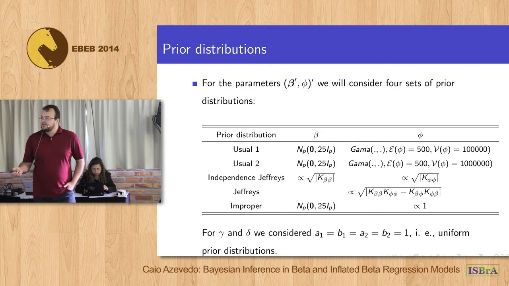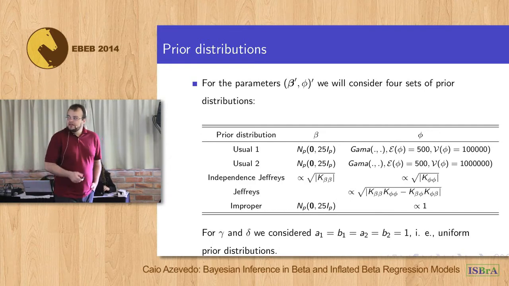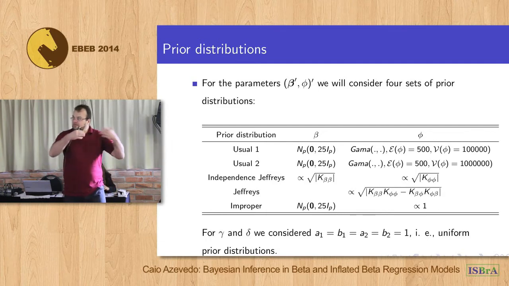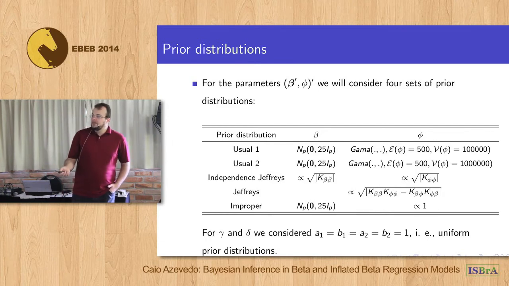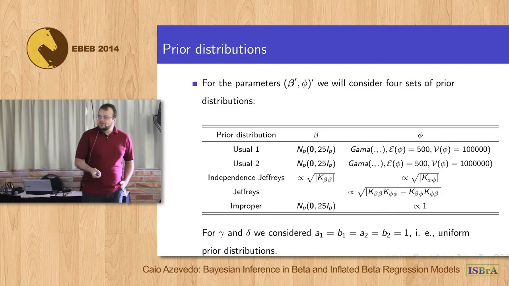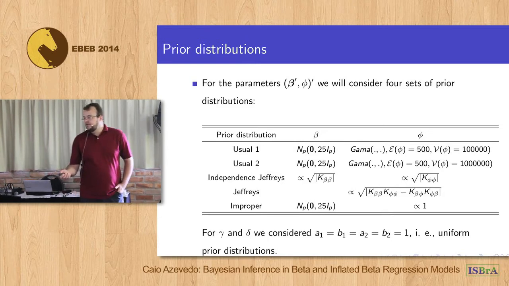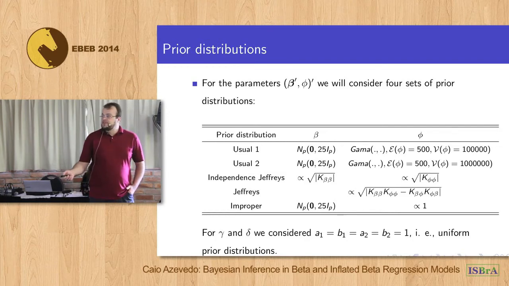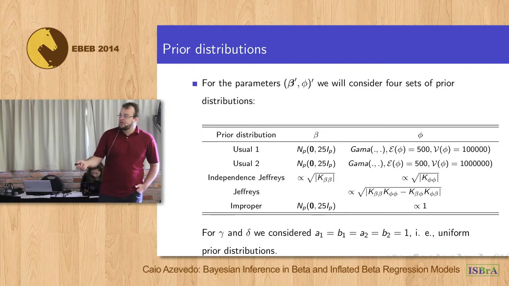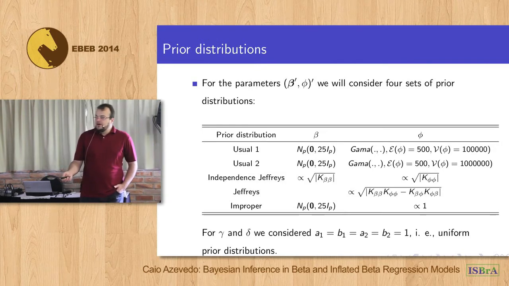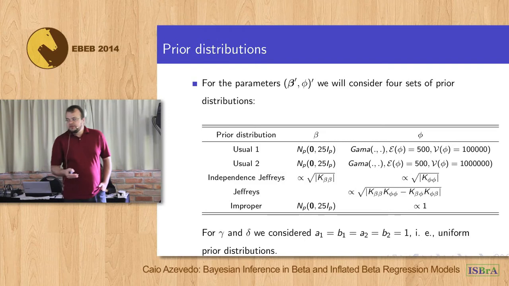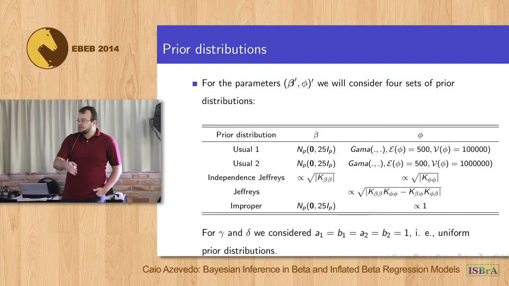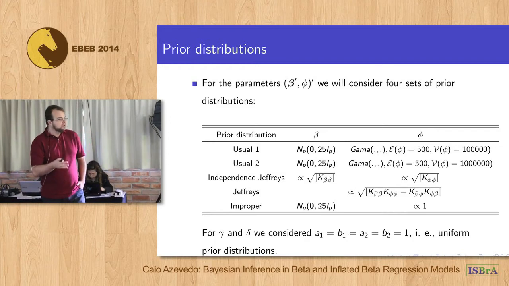The second set is the same thing for beta, but a gamma prior distribution for phi with an even higher variance than the first one. The third one is the independence Jeffreys prior. The fourth one is the Jeffreys prior, and the final one is the improper prior with the same structure for these two prior distributions. For gamma and delta, we are considering uniform prior distributions, which correspond to beta distributions with the hyperparameters both equal to 1.